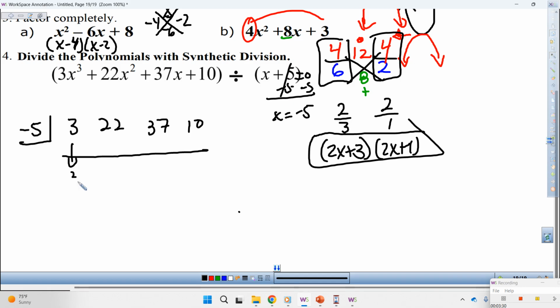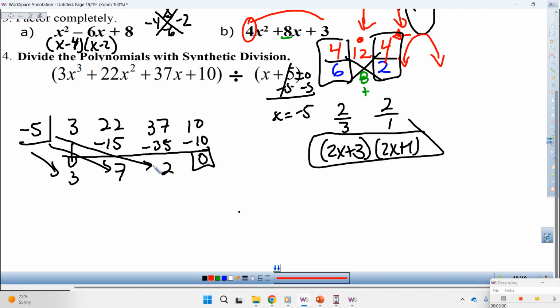Bring down the 3. Negative 5 times 3 is negative 15. Combine, that's 7. Negative 5 times 7, that's negative 35. Combine, that's 2. Negative 5 times 2, that's negative 10. Combine, that's 0. So if we started with a cubic, that means this is a what? 3x squared plus 7x plus 2 with no remainder.